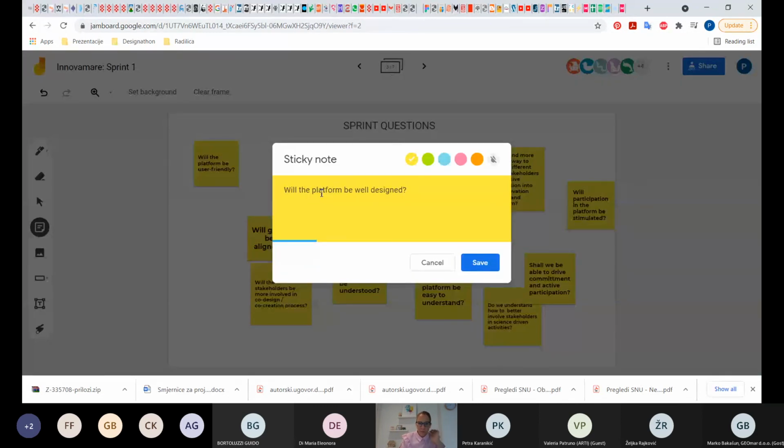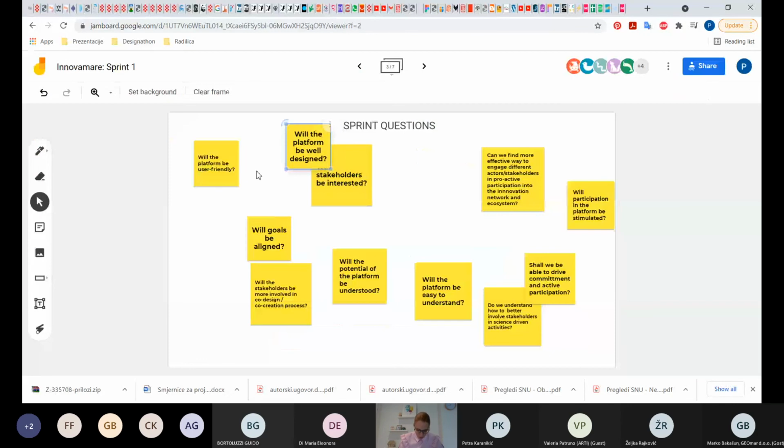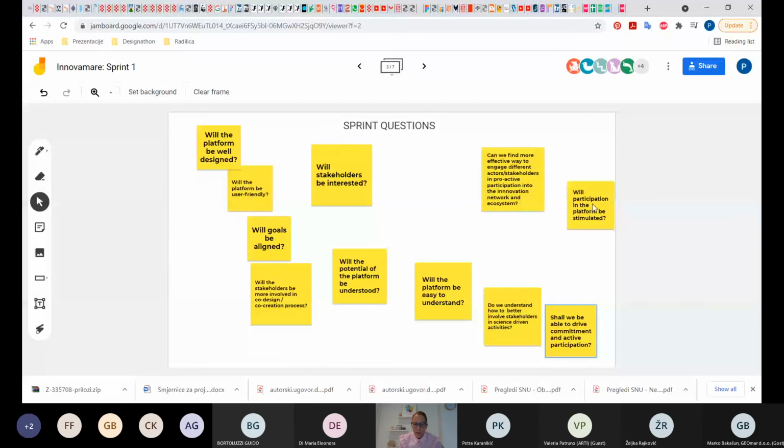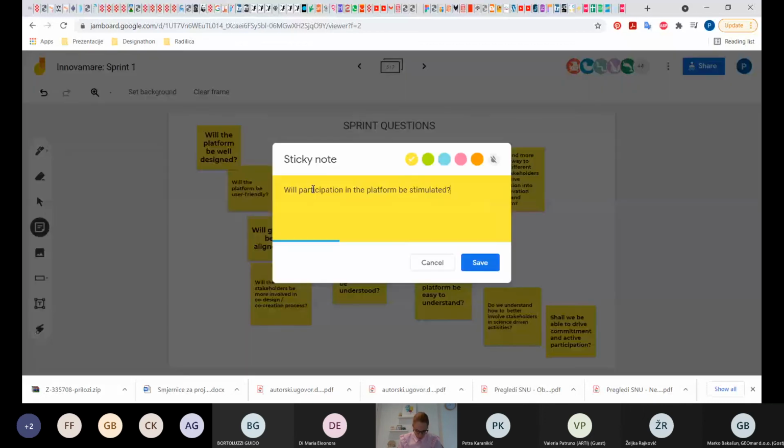Okay. We tackled stimulating involvement of stakeholders. I think we've mentioned here will participants in the platform be stimulated, but actually you mentioned continuous. We'll just add will continuous participation of the stakeholders be stimulated.